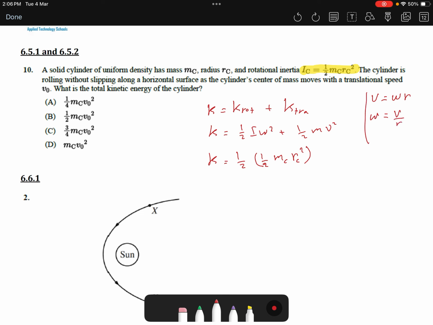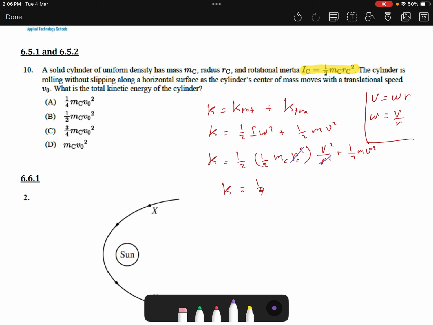Instead of omega squared, we can write v squared over r squared, plus 1 over 2 m v squared. The kinetic energy equals 1 over 4, and here r squared with r squared cancel each other.